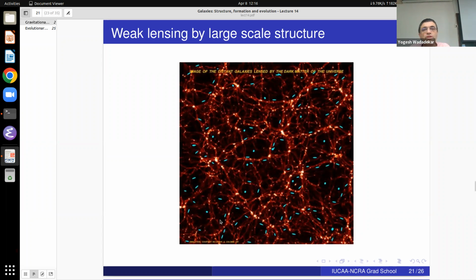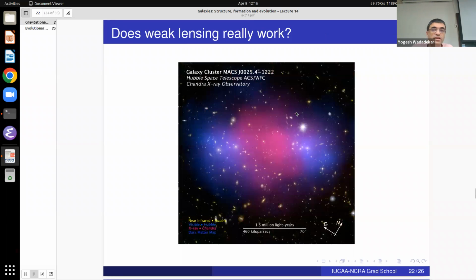So by including all these galaxies which are lensed, you can construct a mass model of the matter distribution in this direction.